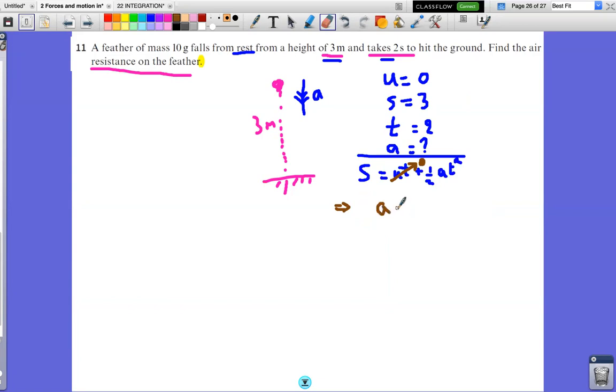So a will be 2s over t squared. That is 2 times 3, which is 6 over 4, 3 over 2. So the acceleration of the feather is 1.5.